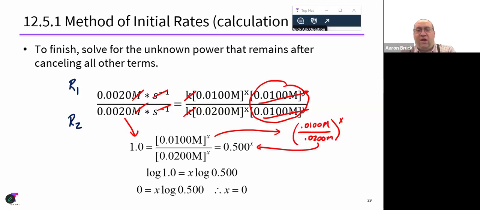So if you're wondering how we got to 0.5 to the x off of that fraction, because it looked like the fraction wasn't going to cancel out, that's the step that was missing.